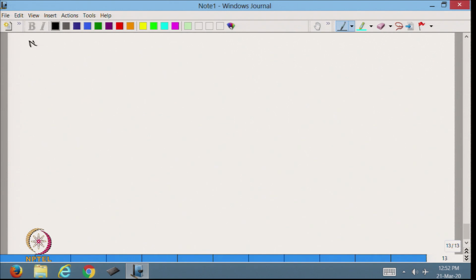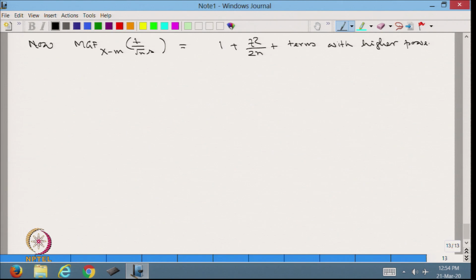Now, the MGF of X minus m at t upon root n s is equal to, we have computed as, 1 plus t square by 2n plus terms with higher powers of n in the denominator.